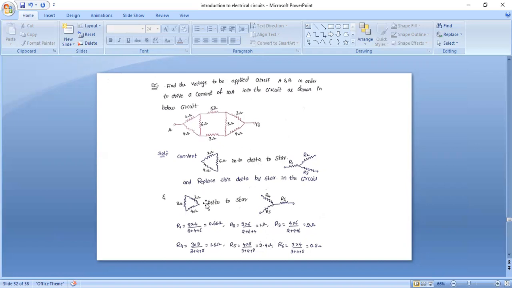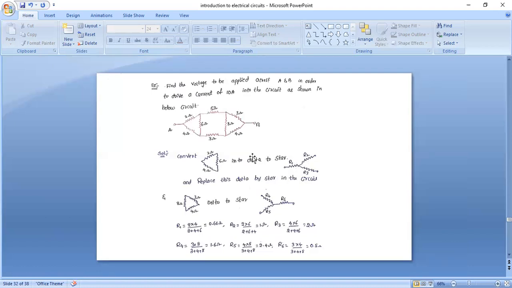First, R1 is equal to 2 into 4 by 2 plus 4 plus 6. In the first circuit, R1 is the resistor between these 2 and 4 ohm resistors. So R1 is equal to 2 into 4 by 2 plus 4 plus 6.